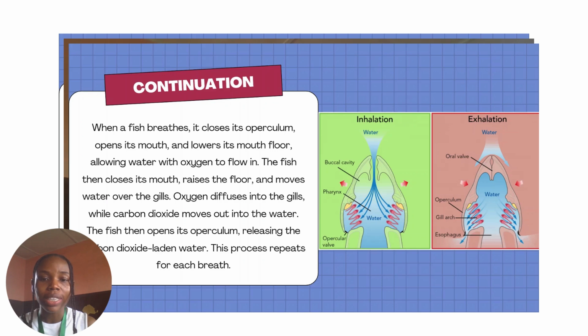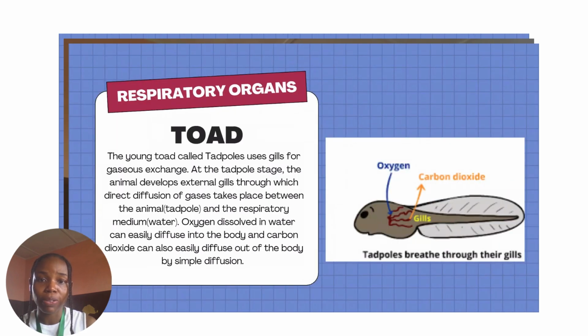Then oxygen diffuses into the gills while carbon dioxide moves out into the water. The fish then opens its operculum and releases the carbon dioxide laden water. That is, carbon dioxide that is already mixed with water is being released out of the fish through the operculum. This process repeats for each breath.